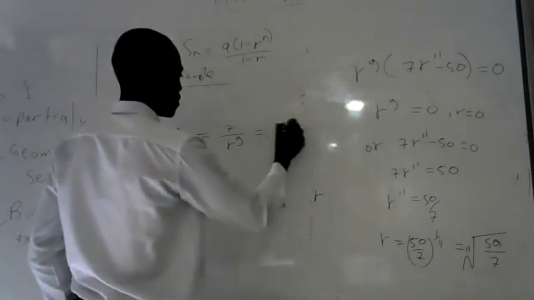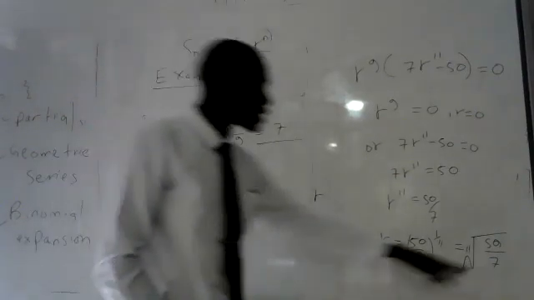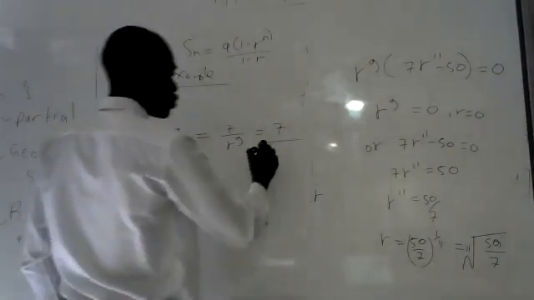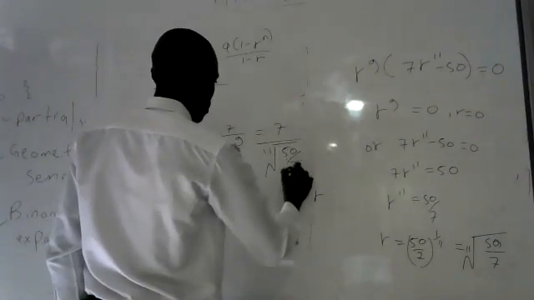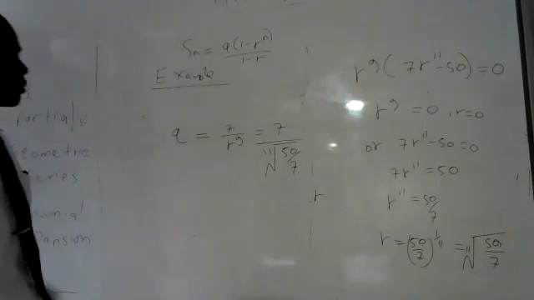Now this should be 7 divided by r. R is this guy. So r is going to be the 11th root of 50 divided by 7. So Abdi Hakim, this will be your a.